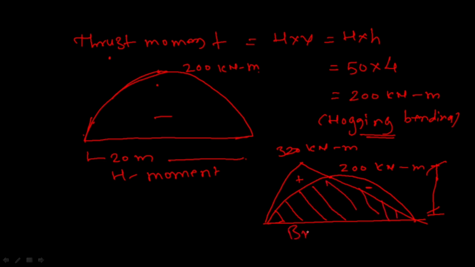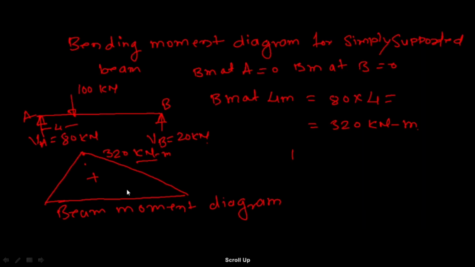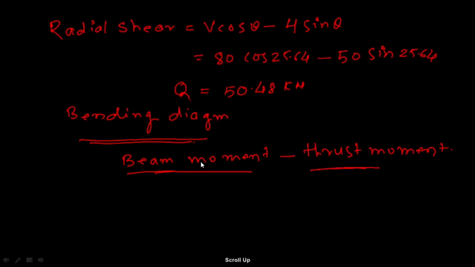This is the BMD for this three-hinged arch. The 320 is from the beam moment and 200 is from the thrust moment.